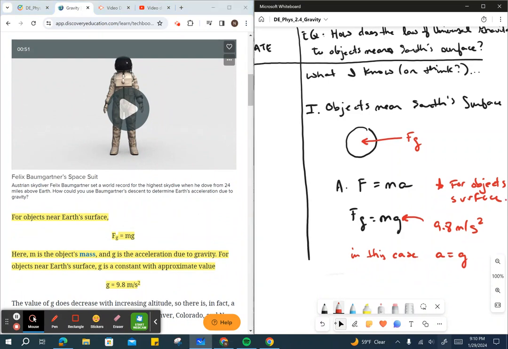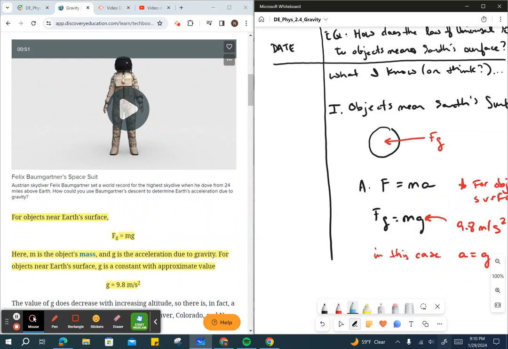So again, I guess if we were to write maybe some margin notes to ourselves, we could say that this is Newton's second law. Right? F equals ma. And when you're solving for objects near Earth's surface, you can substitute acceleration for 9.8 meters per second squared.